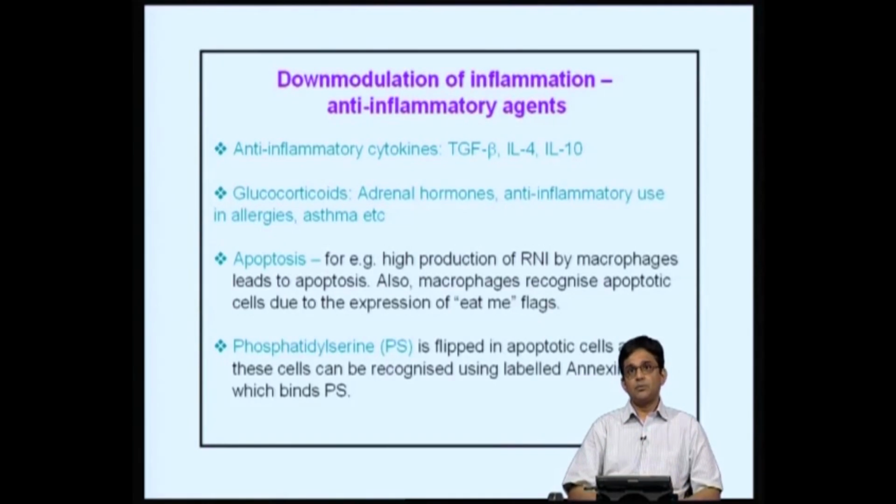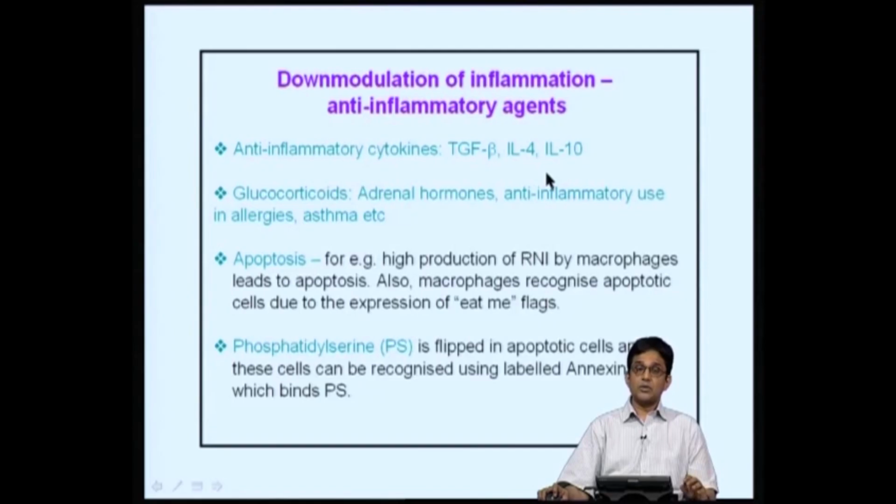And this brings us to an important aspect, which is down modulation of inflammation or down modulation of the inflammatory response. So, with inflammation, anti-inflammatory processes are also induced. For example, anti-inflammatory cytokines, you have TGF beta, IL-1, IL-4, IL-10, these are well known anti-inflammatory cytokines.